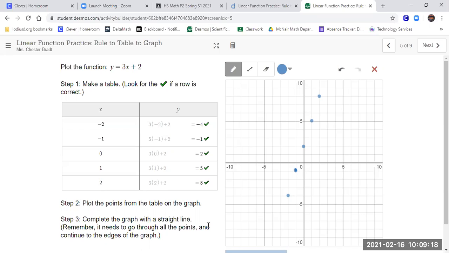If x is positive 3, it would be 11, which would go past our graph. So we know we have to be going past our 10. Okay, so let's go the other direction. We need to get as close to this negative 10 as we can. So if x is negative 3, what would we be?